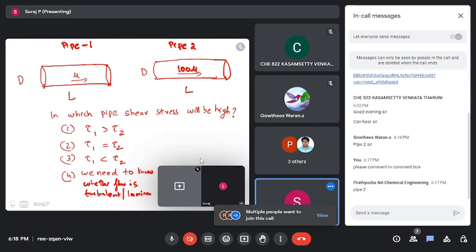So are you sticking on to pipe 2 only? Is your answer fixed as option C, option 3, that pipe 2 will have higher shear stress?